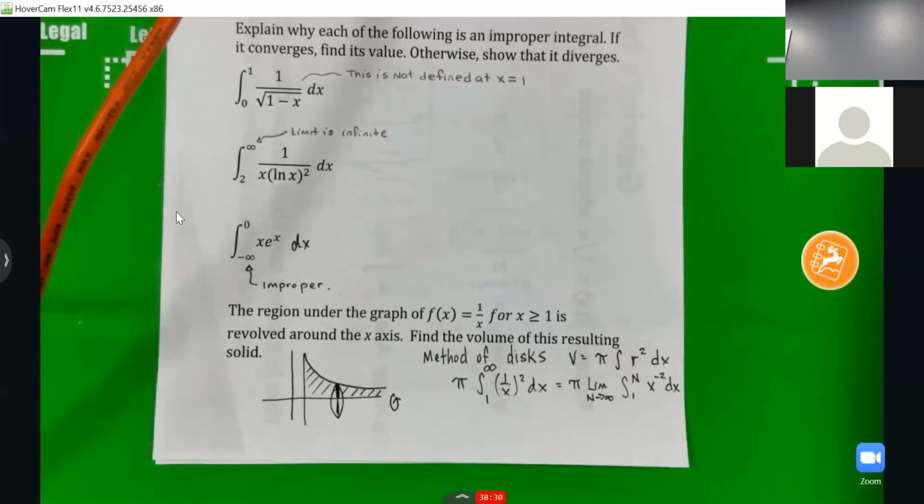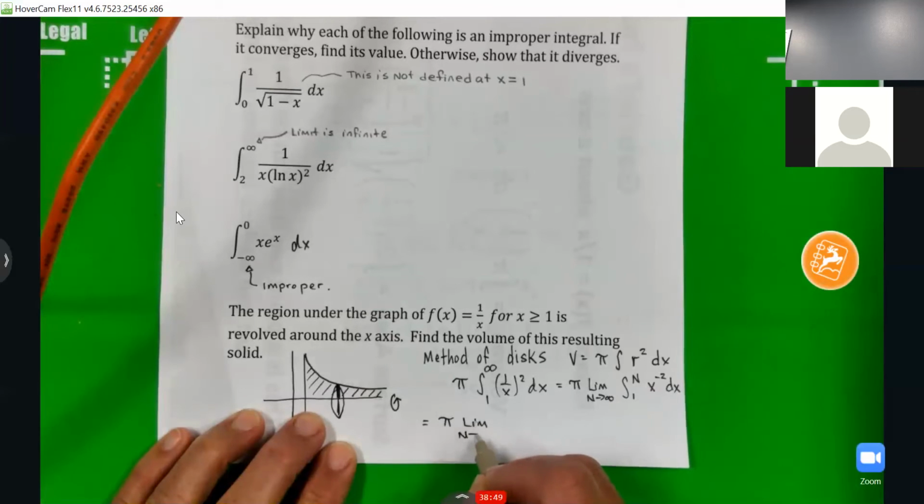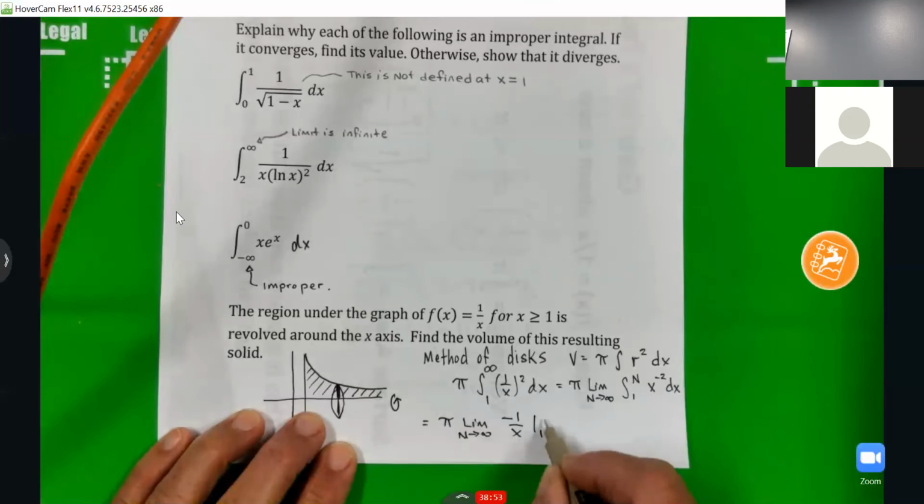So we're integrating x to the negative 2 from 1 to n. That gives me x to the negative 1 over negative 1, which is just negative 1 over x, from 1 to n.